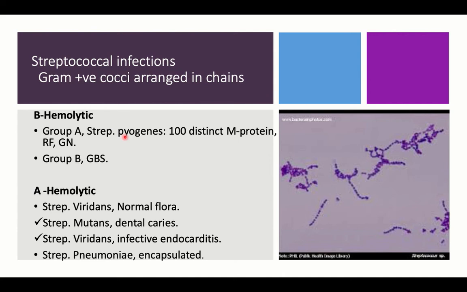So remember, Streptococcus pyogenes or group A streptococci or GAS appear under the microscope arranged in chains.